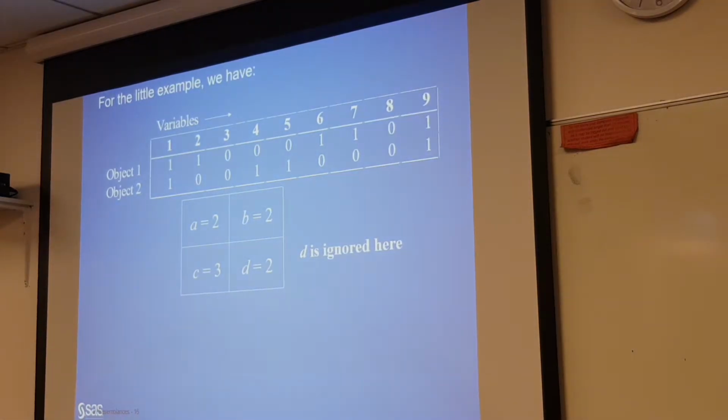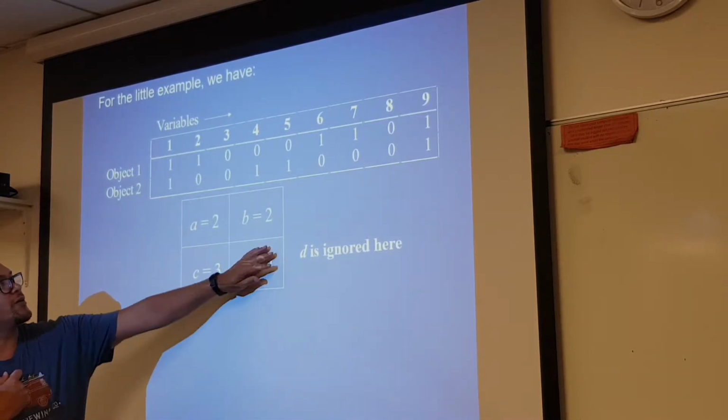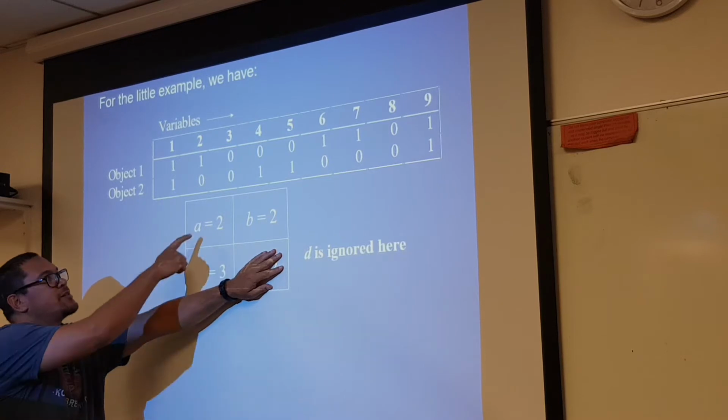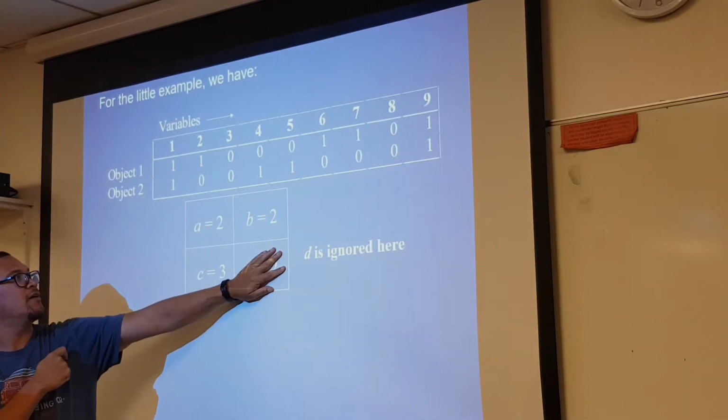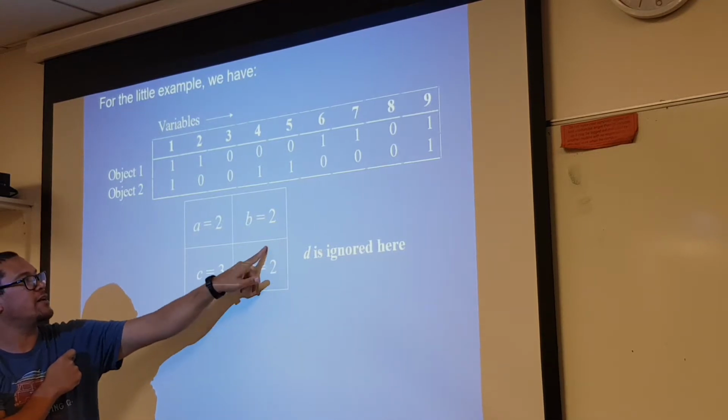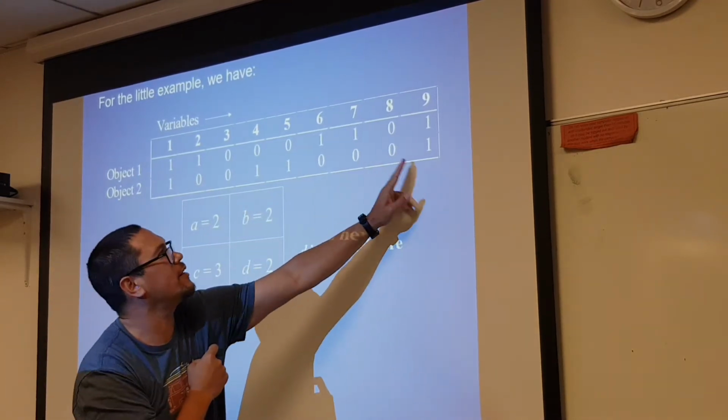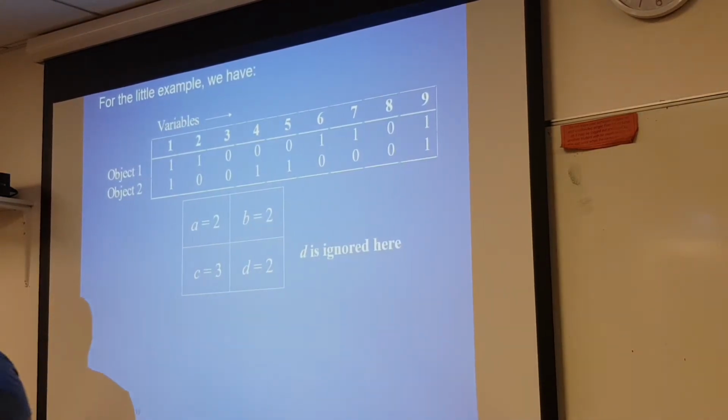So let me show you. We know what the simple matching value was here. It was A plus D divided by 9. Here we're going to ignore D. So how are they similar? Well, they're similar in A. How many items are there that we're going to consider? Well, instead of 9, we're just going to ignore this one and say that there were only 7 items.